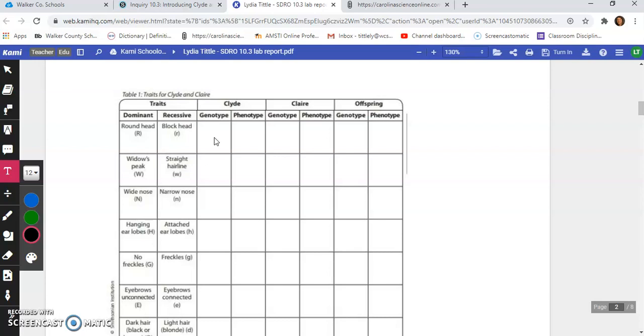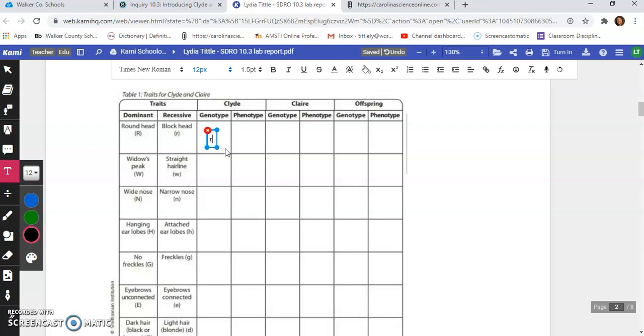If my 2 coins land on heads, then Clyde would have big R, big R. So right here in this box, I would write big R, and I would use the text box tool to type big R right here, and I'll just go ahead and do that for you. If I landed on 1 head and 1 tail, then I would do big R, little r. If I landed on 2 tails, then I would do little r, little r.